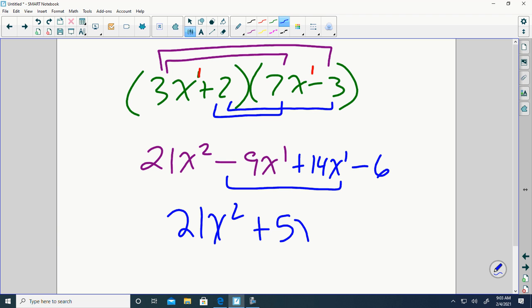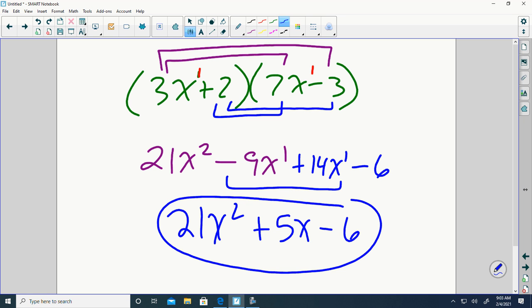So I get 5x. I could put it to the first. I'll just keep it as that. Minus 6. Problem's done. So you have to see that you have like terms. If you don't have like terms, you just leave it as is. We good so far? Can I move on?